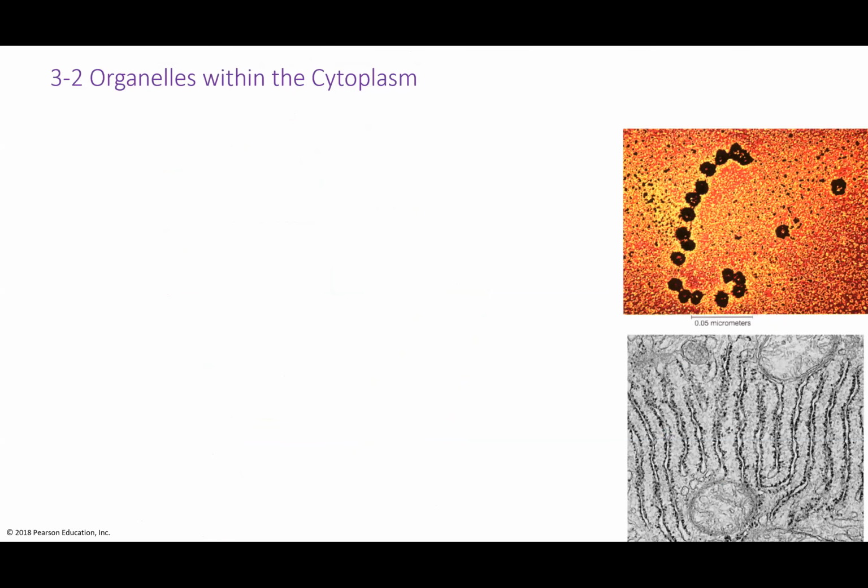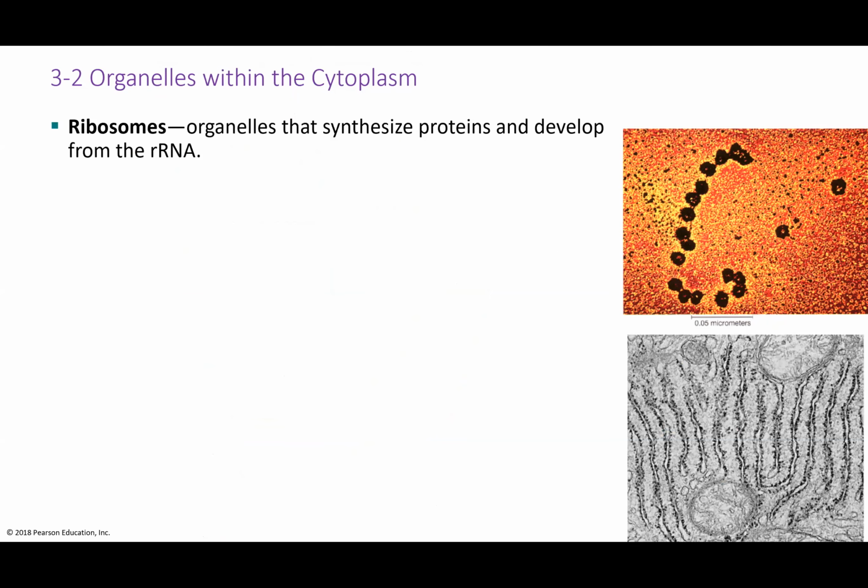Okay, moving on to organelles in the cytoplasm. A little bit more about ribosomes. We know that their subunits are from rRNA, ribosomal RNA. They are made in the nucleolus, and then they exit through the nucleus into the cytosol, and then they perform their functions.